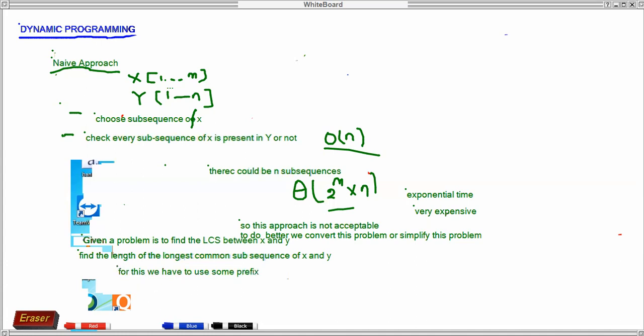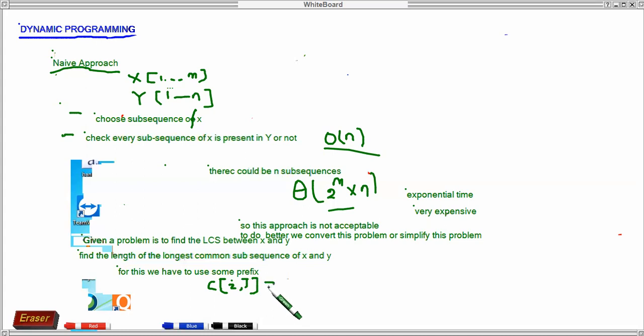Suppose I consider a sequence C[i][j], which represents the length we find.